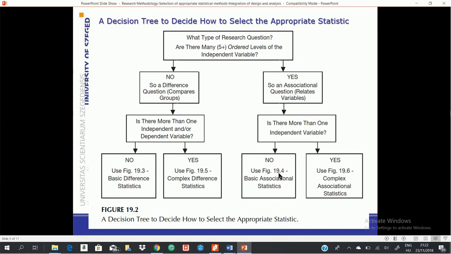And figure 19.4 is basic associational statistics, like Pearson, Kendall tau test and the others. And figure 19.6 is complex associational statistics, like MANOVA, two-way ANOVA or something like that.